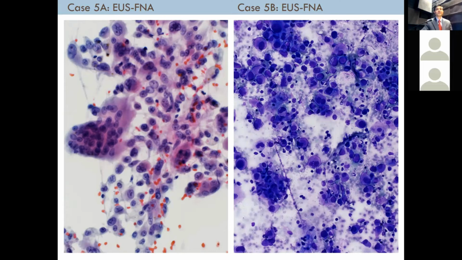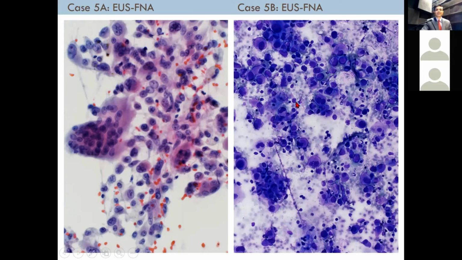Also, if you see in the background, there's a mononuclear population. The nuclei of both the multinucleated giant cells and the background mononuclear population look very similar. The atypia in the background mononuclear population was moderate.